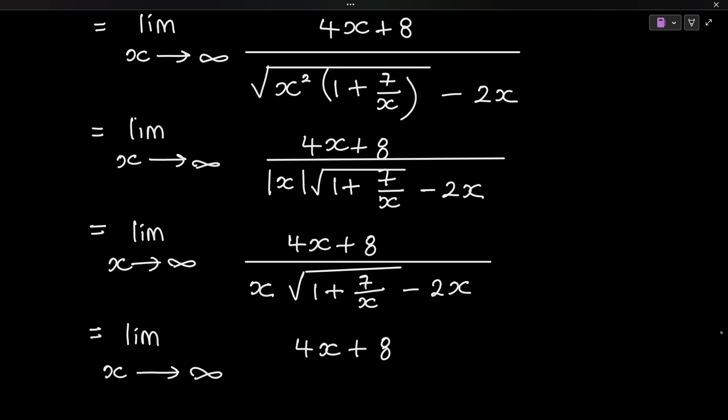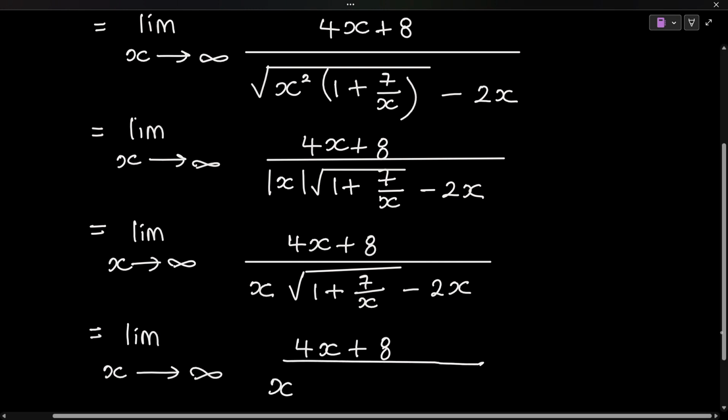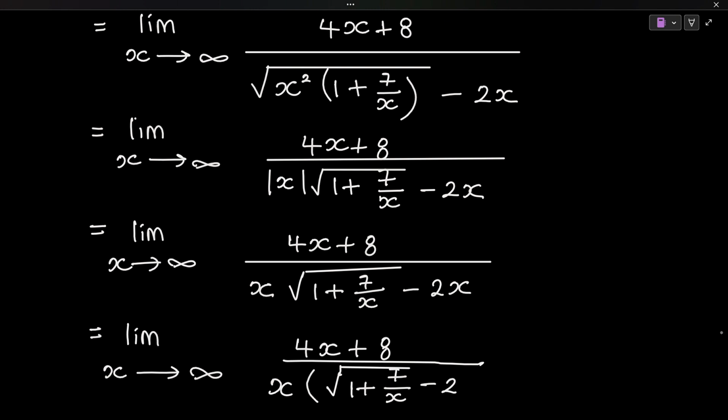So I will actually do that in the next step. But if you're able to identify it at the moment and you want to factorize the numerator as well, you're more than welcome to. Now in our denominator, we are going to be left with the square root, and from the second term, we're left with minus 2.